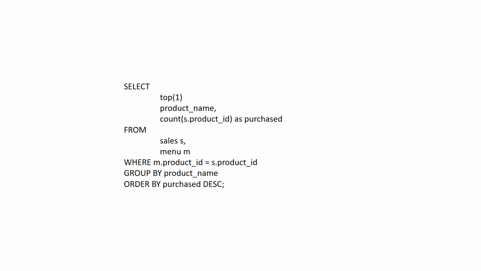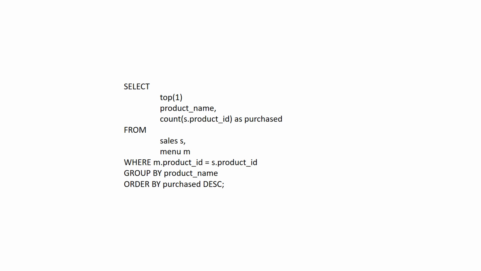Okay, now from sales table s, and menu m. So what is the meaning of this? This specifies the sales and menu tables to be used in the query, and it uses a comma separated list to join the tables implicitly. Okay, where m dot product id equal to s dot product id.